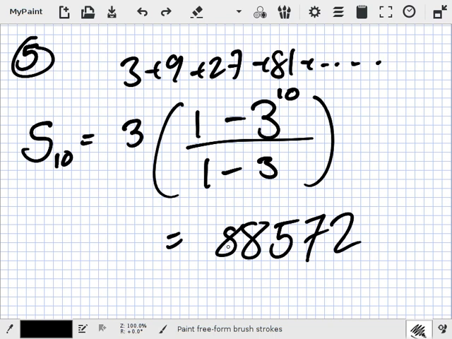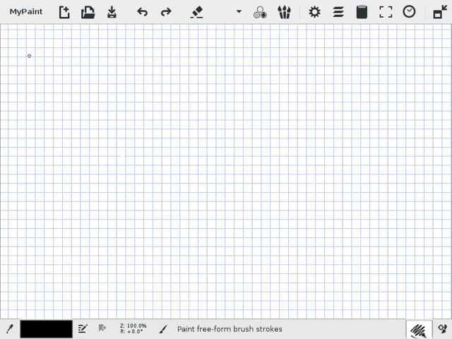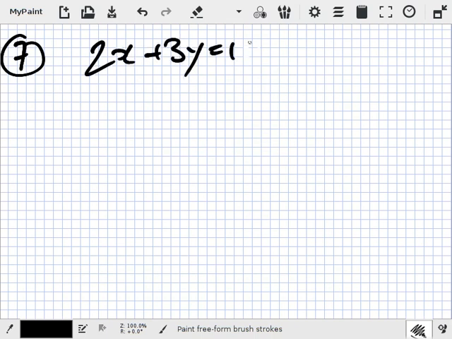Right, that was actually number 6. Okay. Number 7 was just 2 linear equations for me. So number 7 was 2x plus 3y equals 10, and x plus y equals 4.